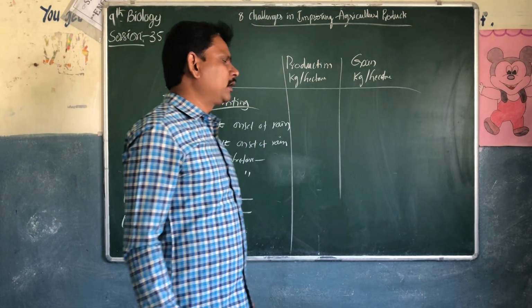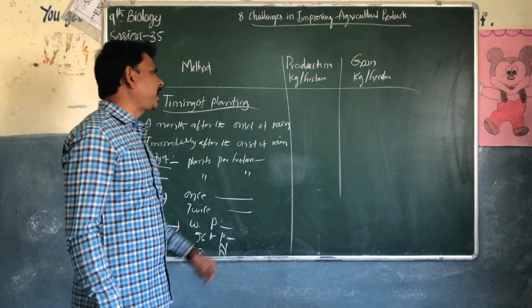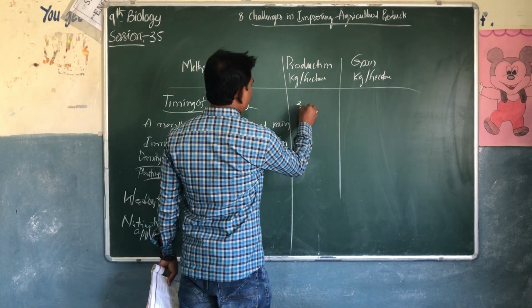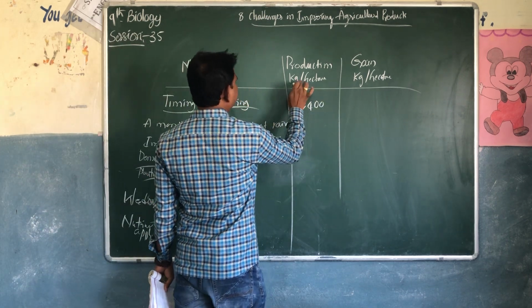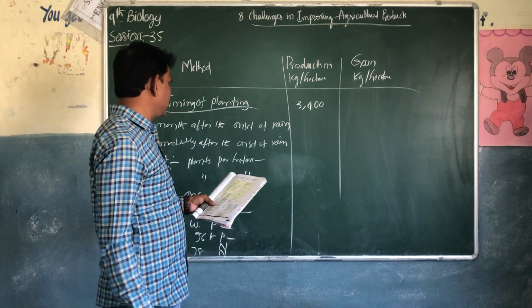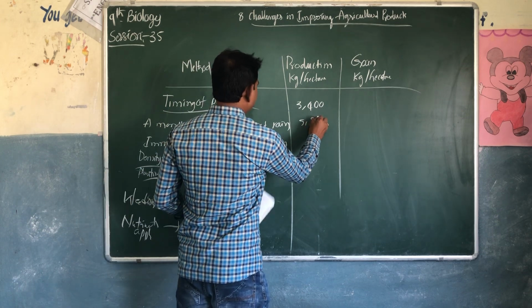Now we come to the calculation parts. A month after the onset of the rains, what is the production? 3,400 kg per hectare. Immediately after the onset of rain, 5,830.